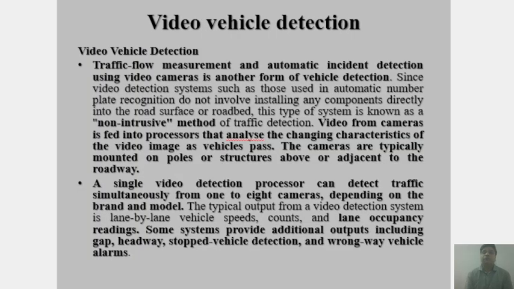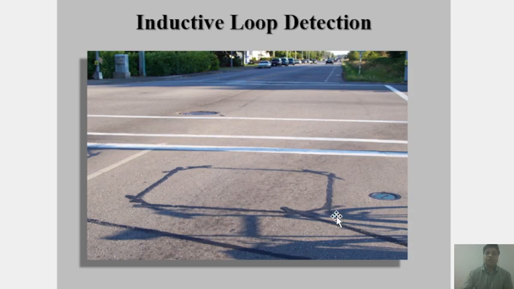Next, coming to video vehicle detection. Now how can we detect the video of the vehicles? Basically we are able to place video cameras which are non-intrusive. The intrusive method is nothing but burying different types of parameters or things onto the pavement layer.